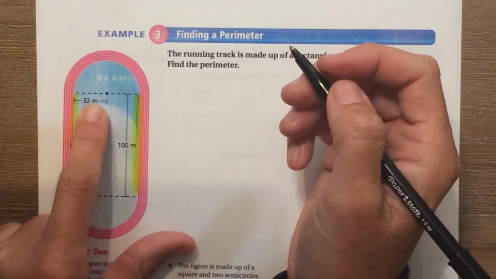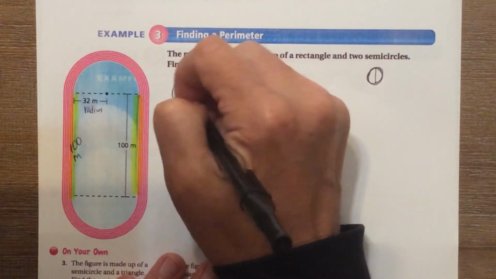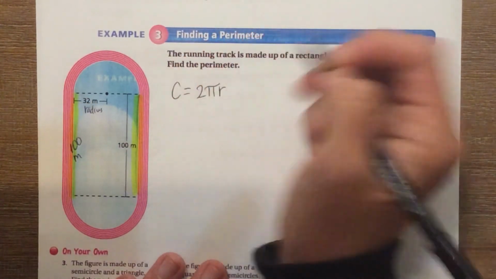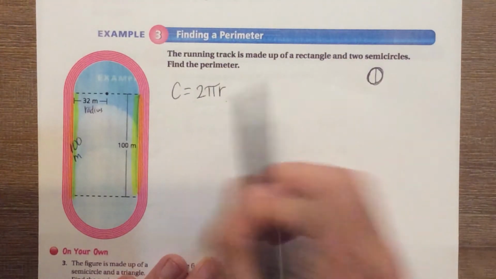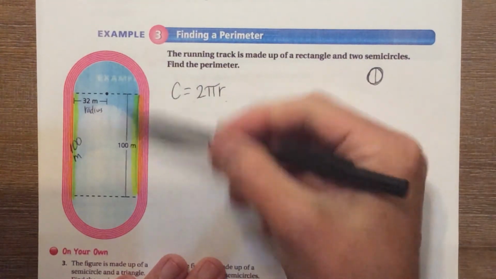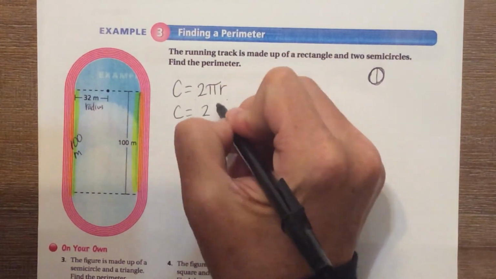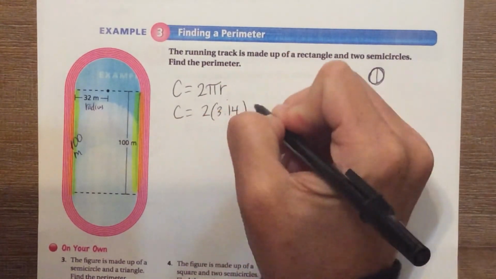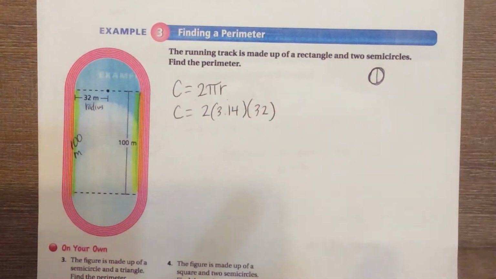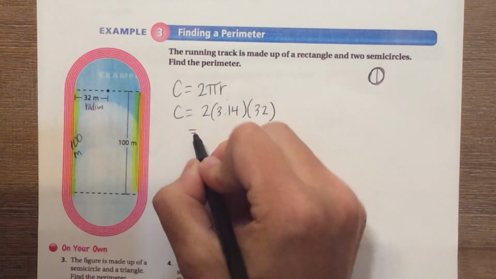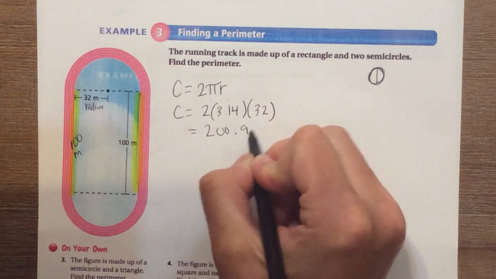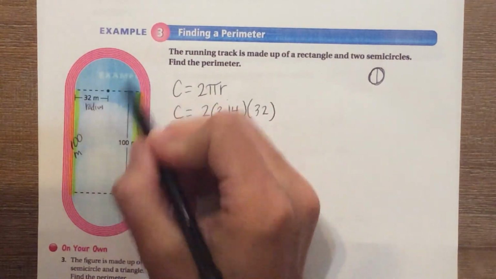So here is my radius, so I'm going to use c equals 2 pi r. I don't need to divide by 2 even though I have a semicircle, because the semicircles together make the whole circle. So c equals 2 times pi times r, and that's equal to 200.96 meters.